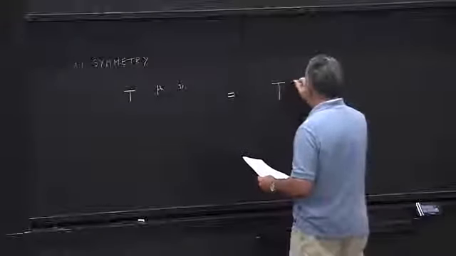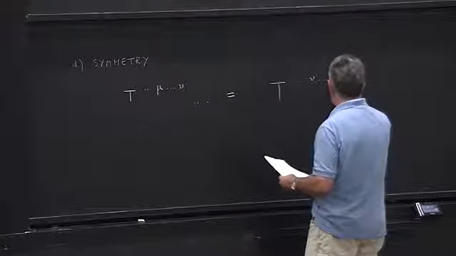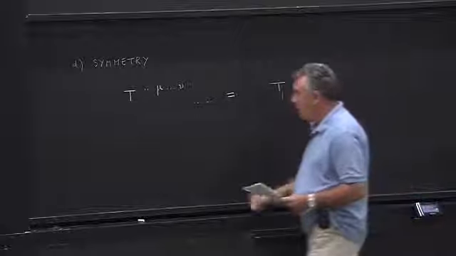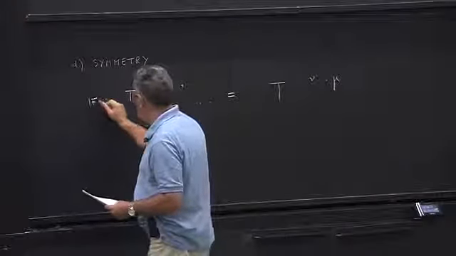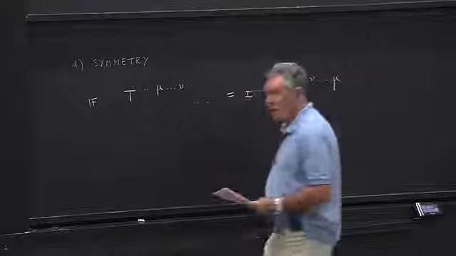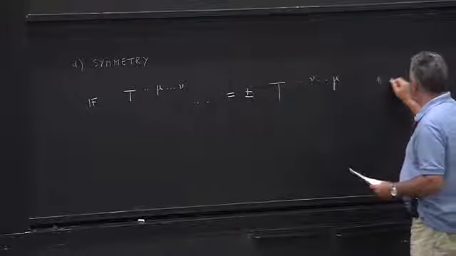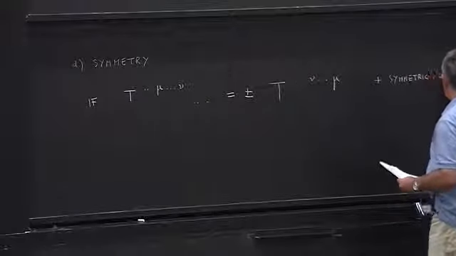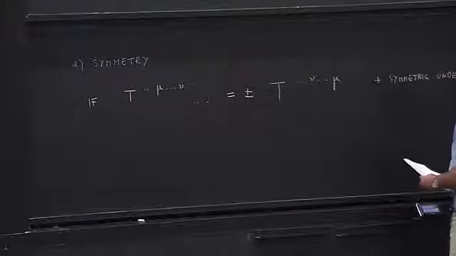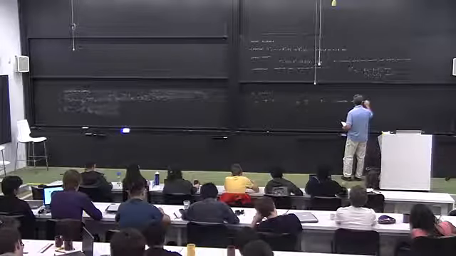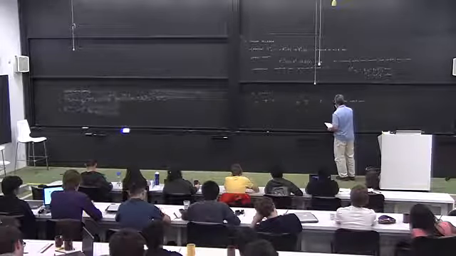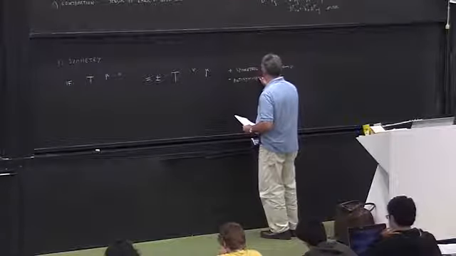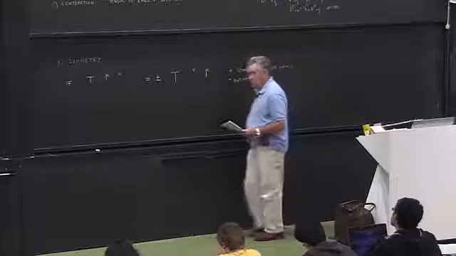And when we look at the same tensor where the indices nu and mu are interchanged, if this is plus or minus what we started with, then we say it's symmetric under mu goes to nu, or antisymmetric. It's a minus sign.